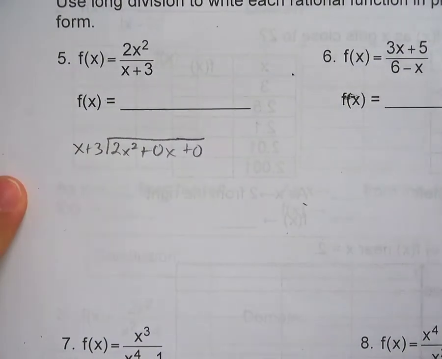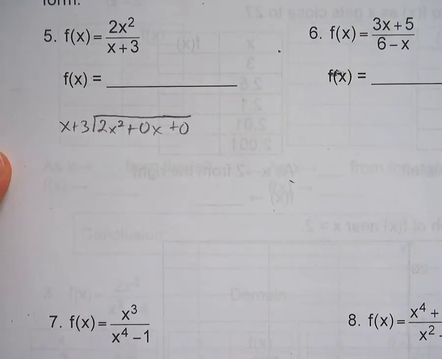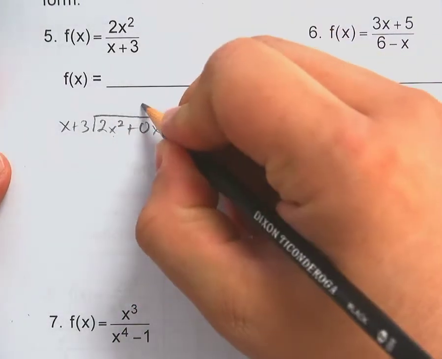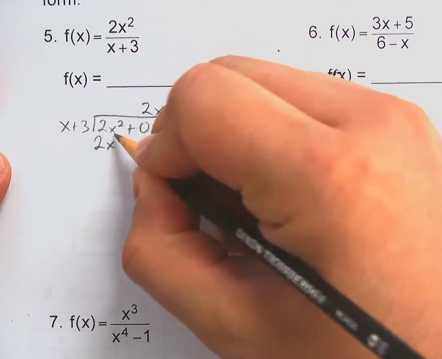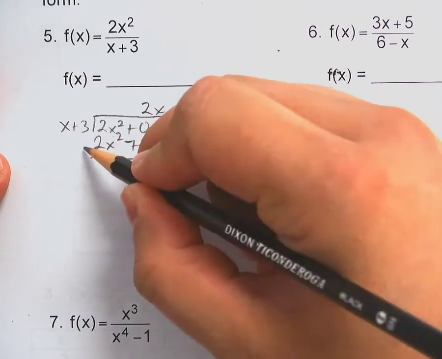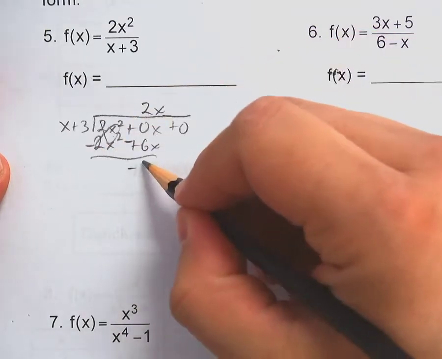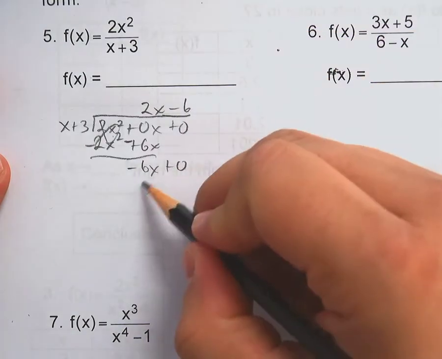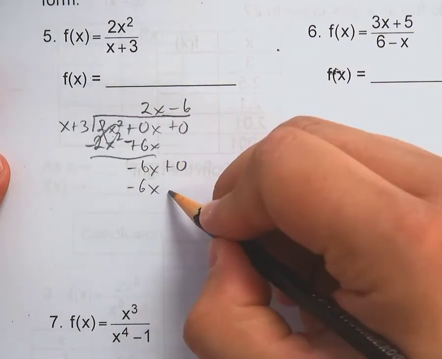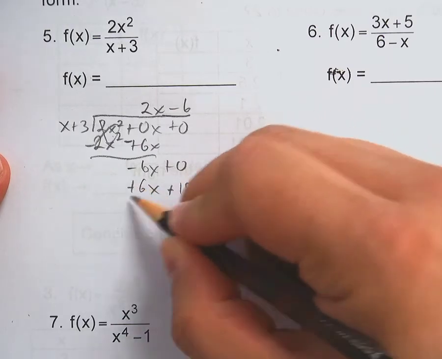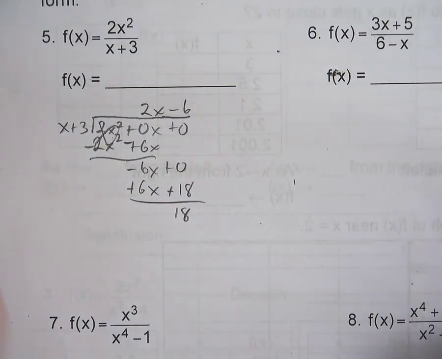I'm going to do these very quickly just for the sake of time. x goes into 2x squared: we're missing the 2x. 2x squared and 6x. Subtract both. Negative 6x plus 0. I'm missing a negative 6. And then minus 18. Change the signs. I end up with 18.